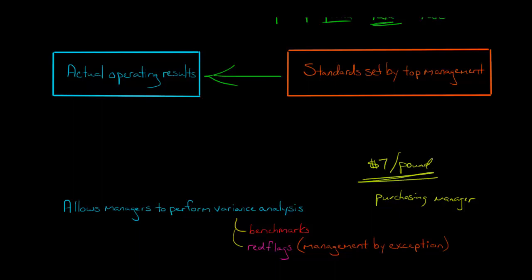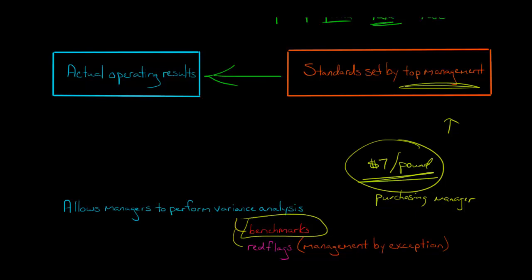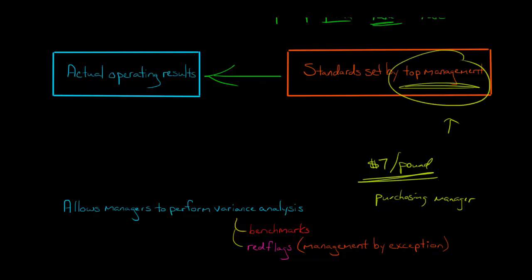That's giving you a pretty clear target that you shouldn't be paying more than $7 a pound. Now, there could be a situation where top management doesn't realize it, but there's actually been a spike in the price of raw materials and you have to pay more than $7 a pound. But whatever the case, this gives you a benchmark of what I should be hitting, or at least what the executives expect me to be hitting.